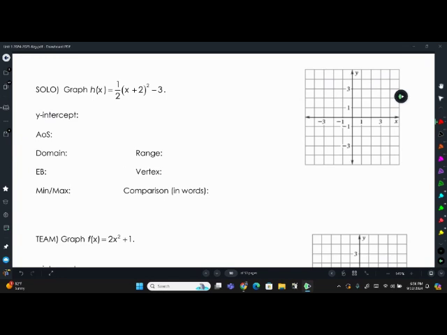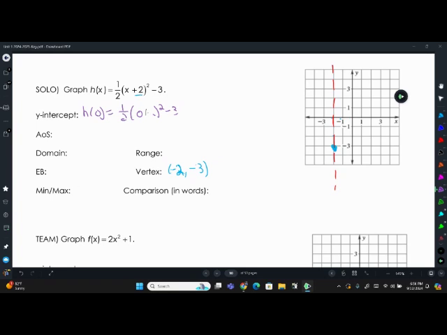So our vertex is at -2, -3. -2, -3, right here. So that is also where our axis of symmetry will go through. Now we're going to find our y-intercept. So h of 0 equals 1/2 times 0 plus 2 squared minus 3.